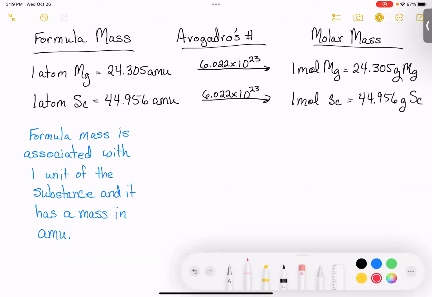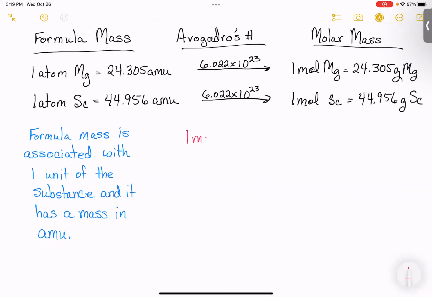Avogadro's number specifically says that 1 mole of anything is equal to 6.022 times 10 to the 23rd of that thing.